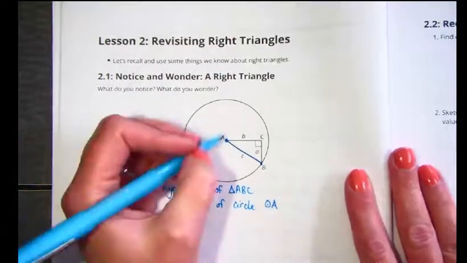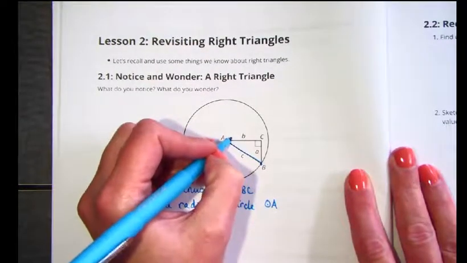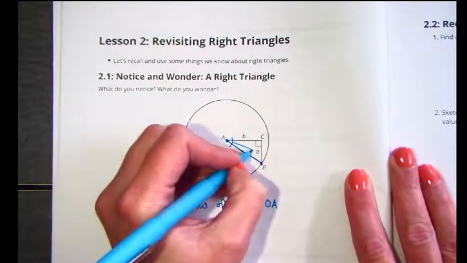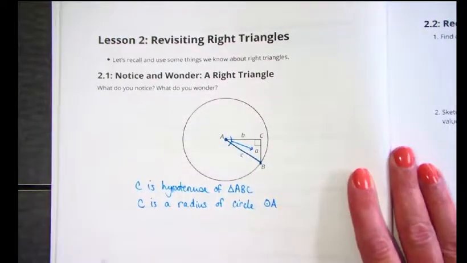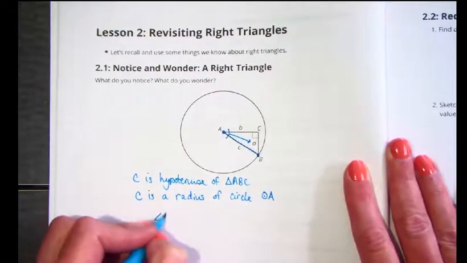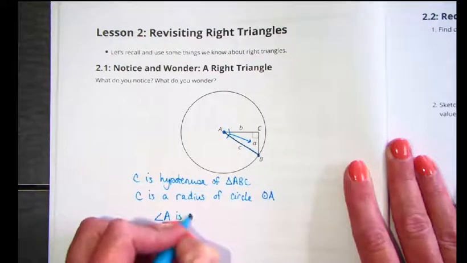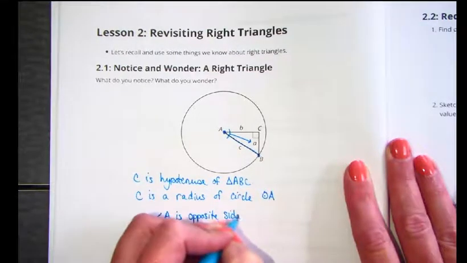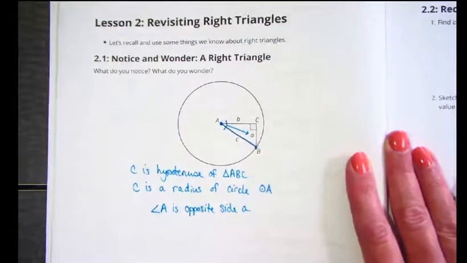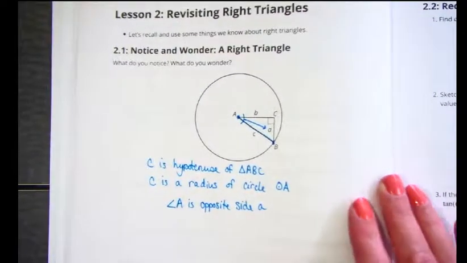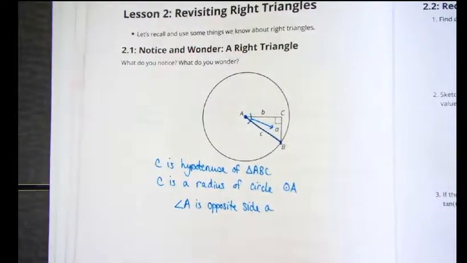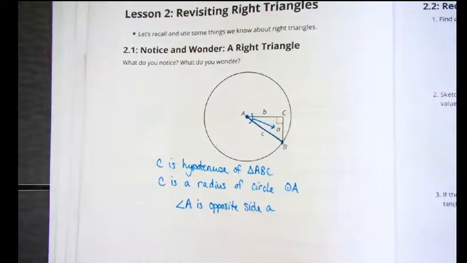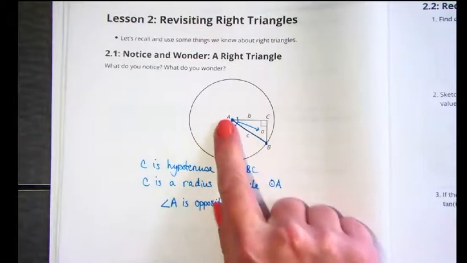I notice that angle A is opposite side A. That might be something you remember from geometry, that we name our angles and our sides opposite each other. That means they're all the way across the triangle.